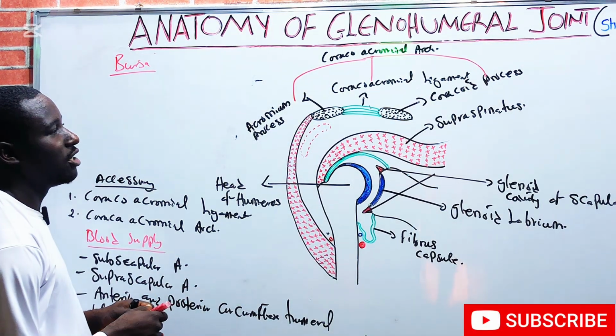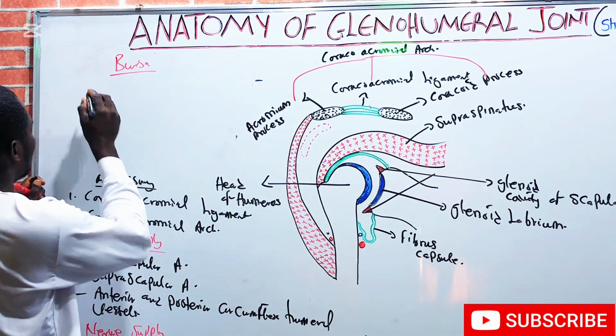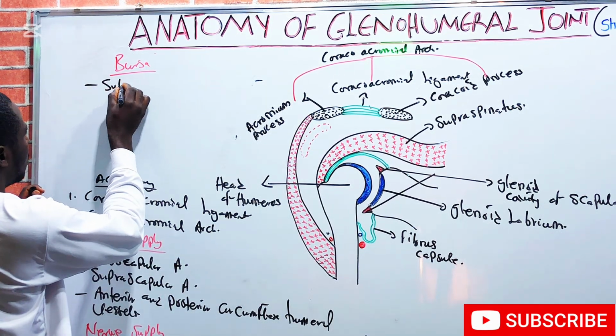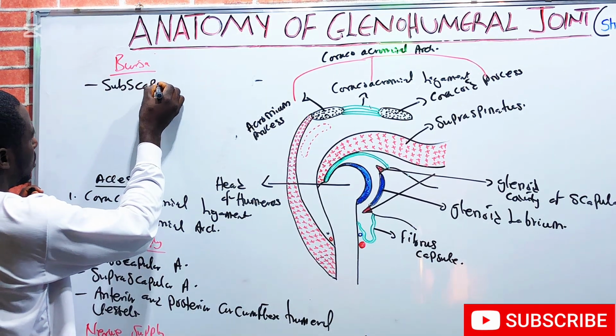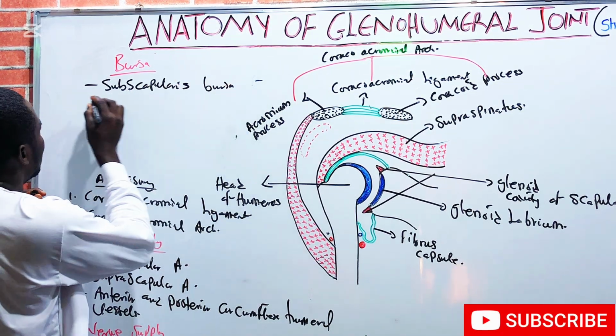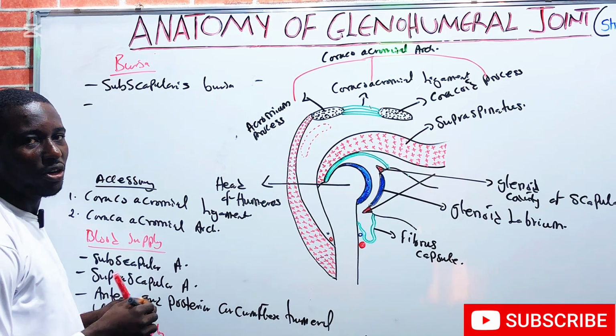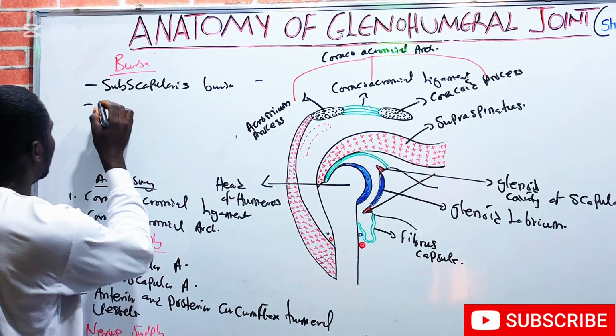Number one is the subscapularis bursa. Number two is the subacromial bursa, which can be called the subdeltoid bursa.